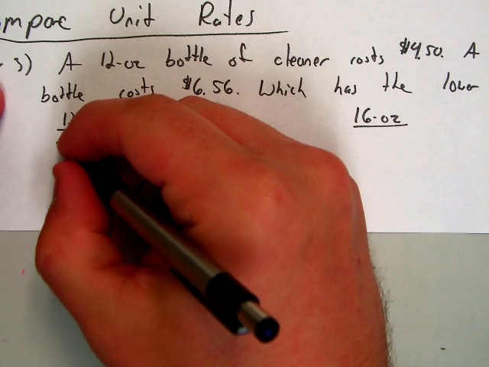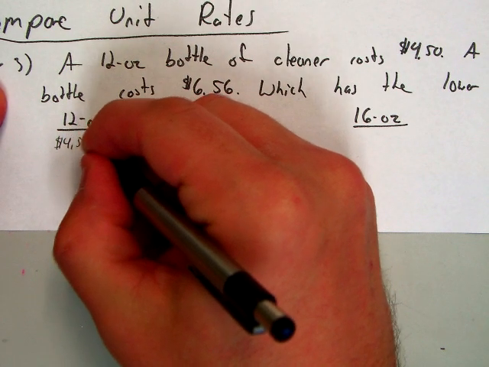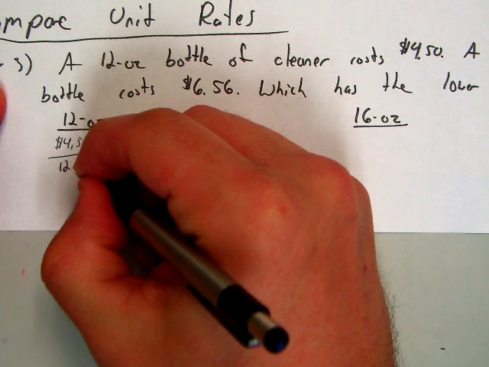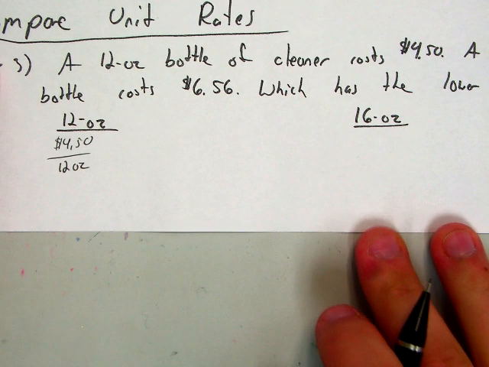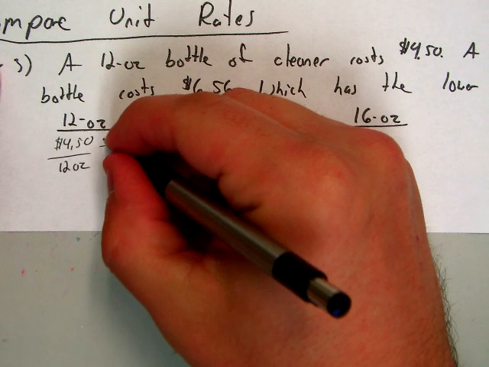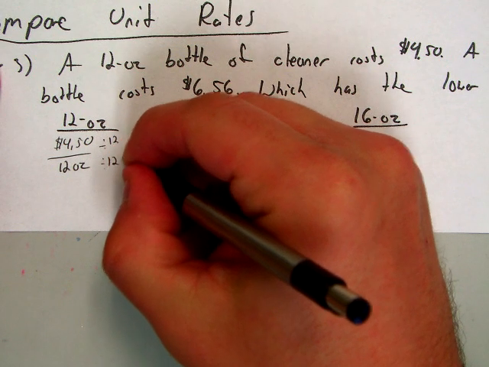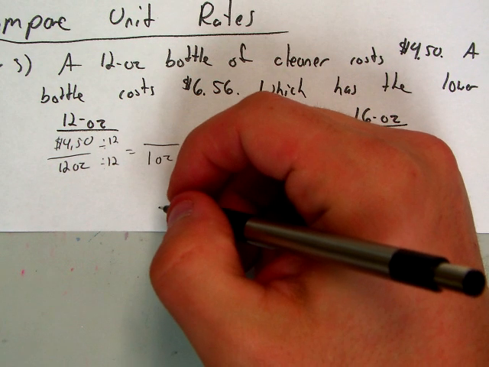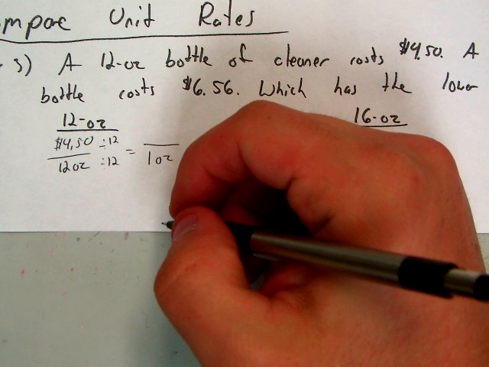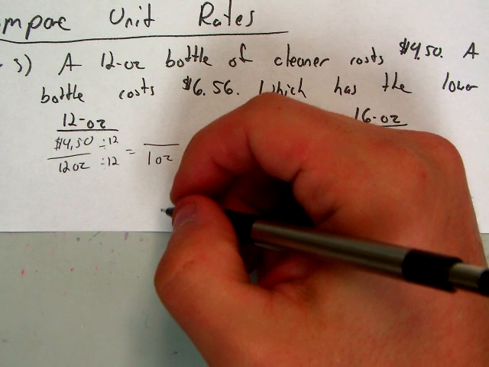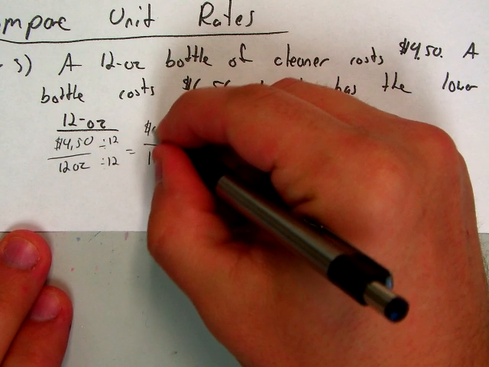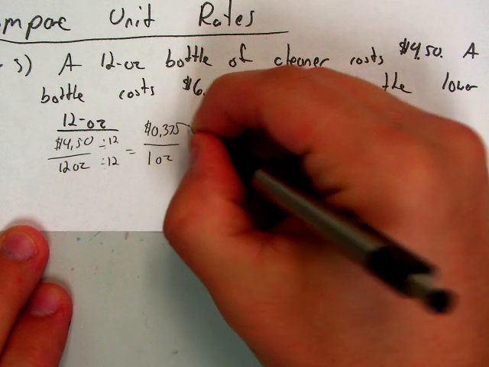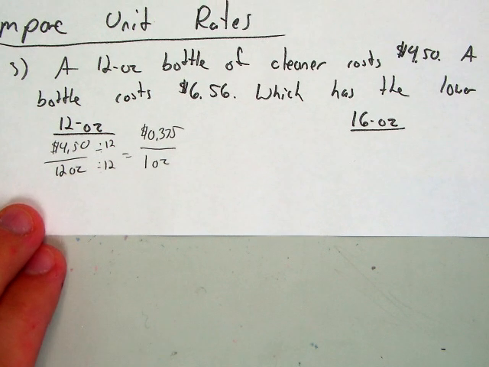So we have $4.50 divided by 12 ounces. I can then divide both the numerator and the denominator by 12. My denominator is going to give me 1, and my numerator is going to give me 0.375 dollars. So about 38 cents per ounce.